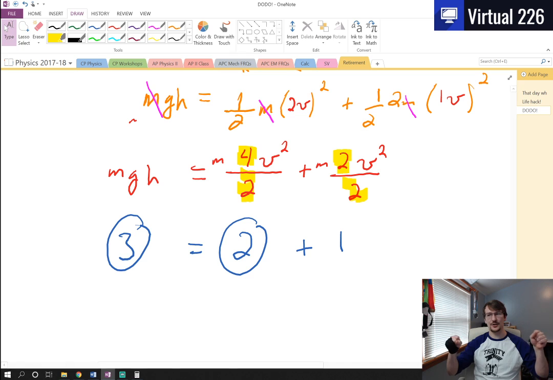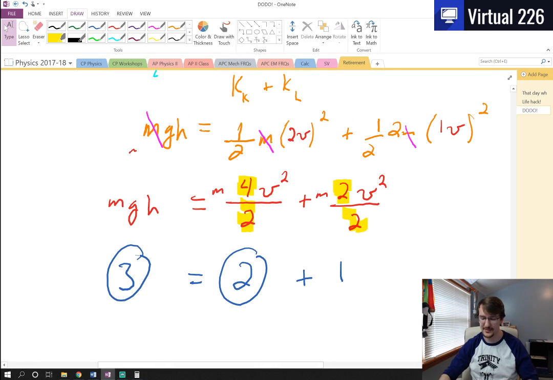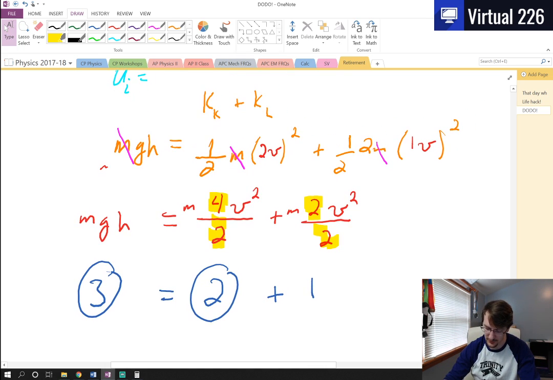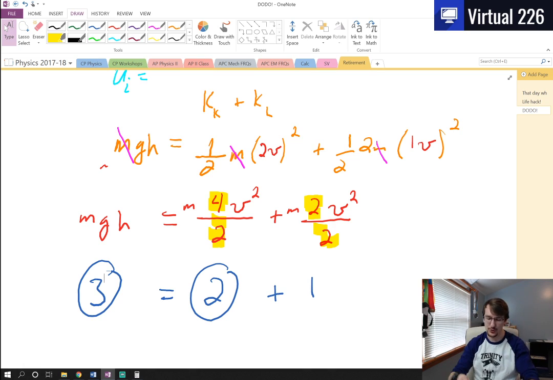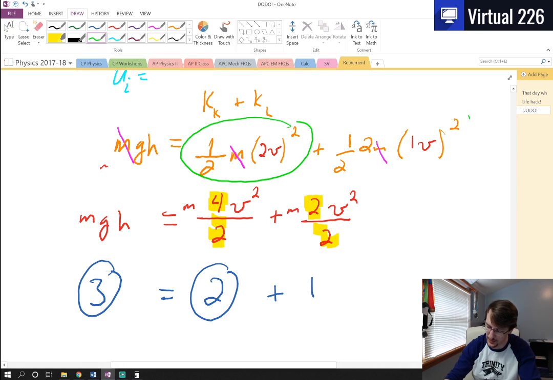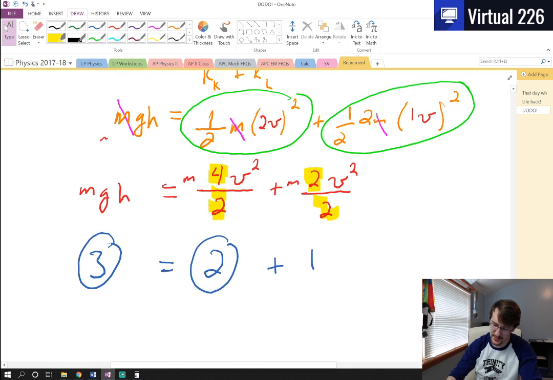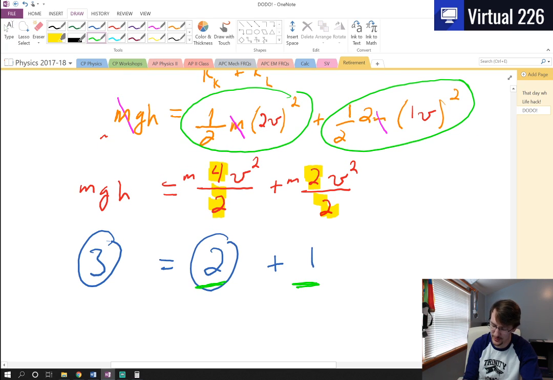Those velocities are different, and since that velocity value is squared, it means a lot more. So knowing that there's 2 for the first block K and 1 for the second one, we can set up this ratio and see this is 2, this is 1. That means the K block is going to be 2/3, 2 of the 3.